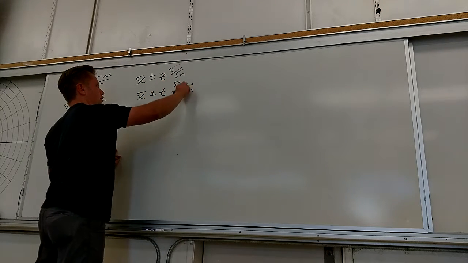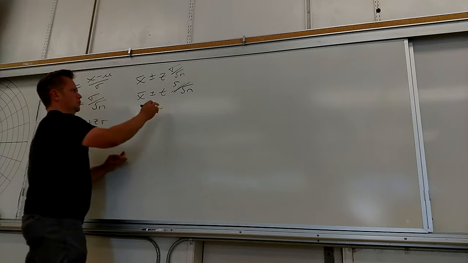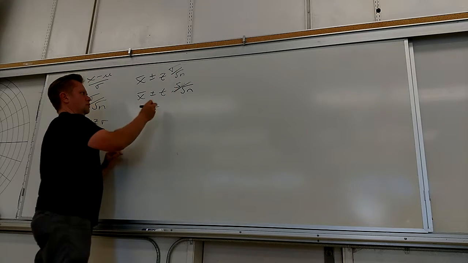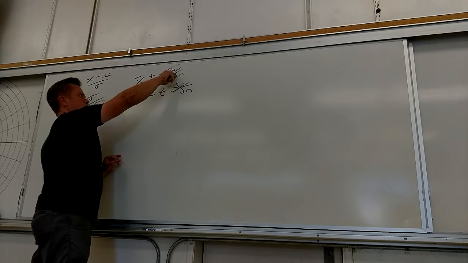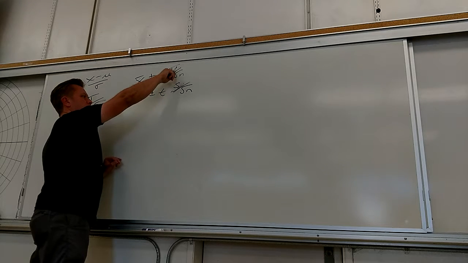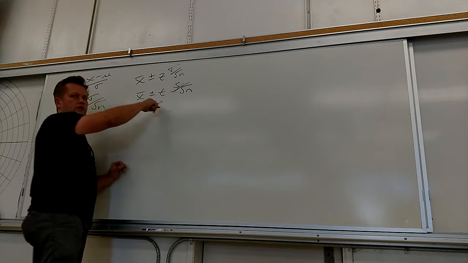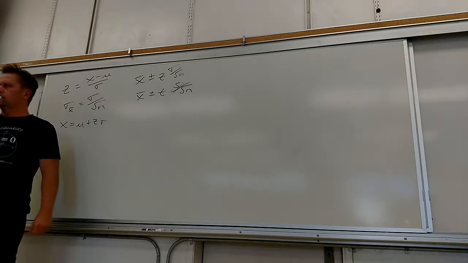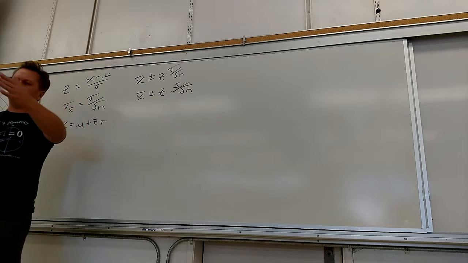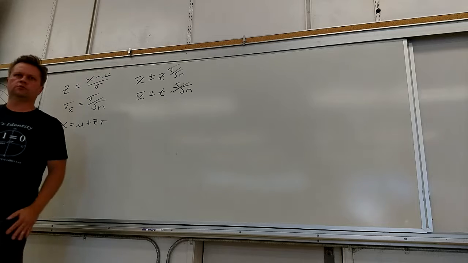Can somebody remind me how these act? If it's a sample, you use T. If it's a population, you use Z. Population standard deviation, Z; sample standard deviation, that's why T's were invented. They're a little bigger than Z-scores to help cover for the extra uncertainty.